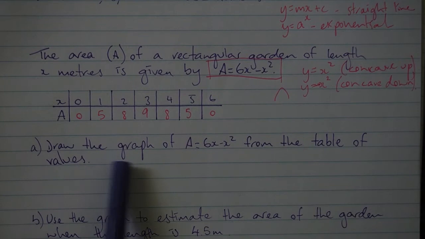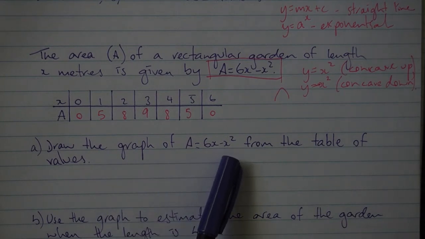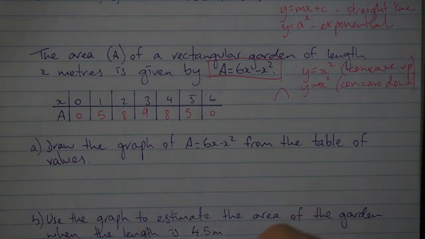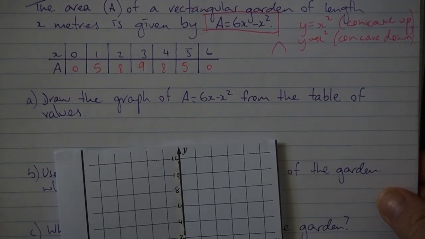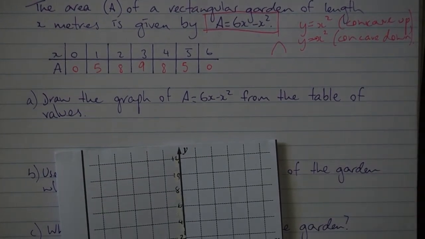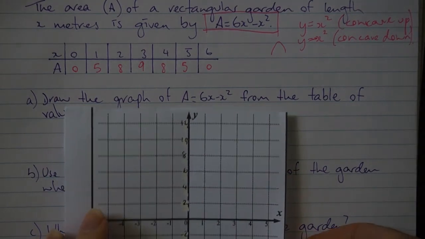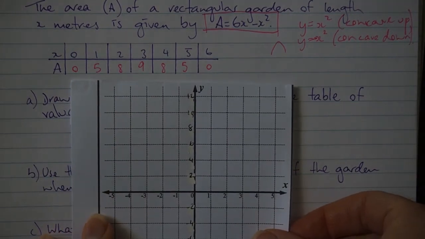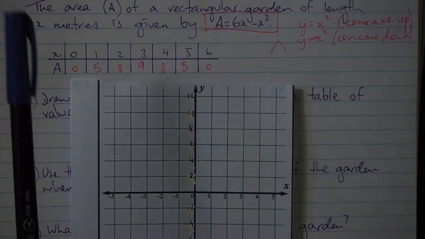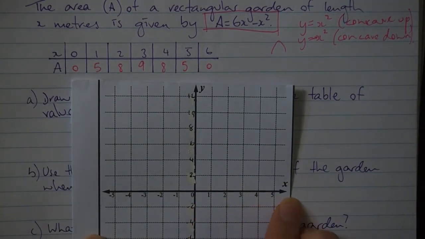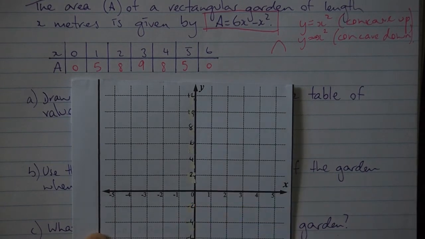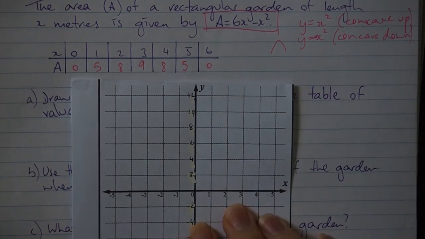So draw the graph of A equals 6x minus x squared from the table of values. So we have experience with this. Hopefully I can fit it all in. My graph is a bit big compared to my table of values, but that's okay. We have x values of 0, 1, 2, 3, 4, 5, and 6. I don't quite have 6 on there, but we will deal.